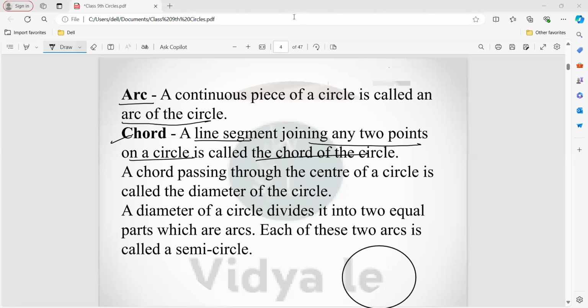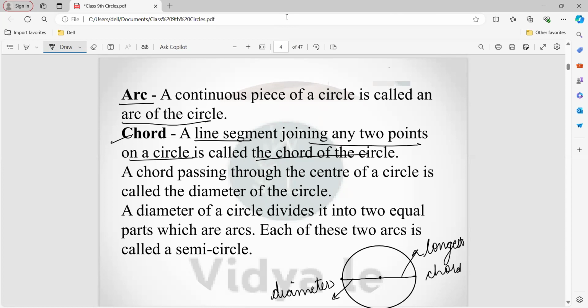Now, if I join two points on the circle such that the line joining these two points will pass through the center. Okay, these are the points, and the line joining these two points passes through the center. Then this chord is known as diameter.